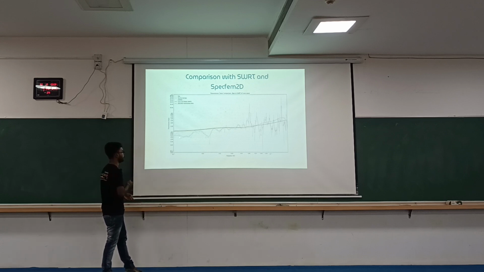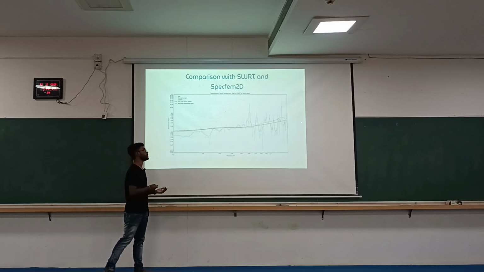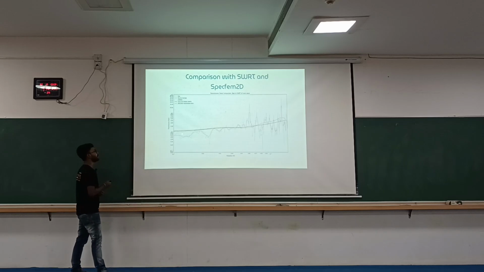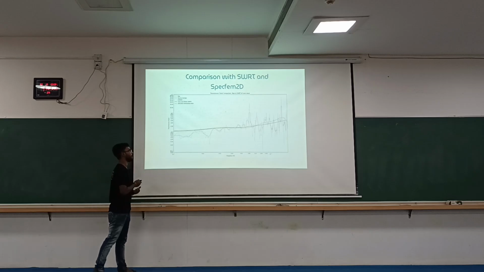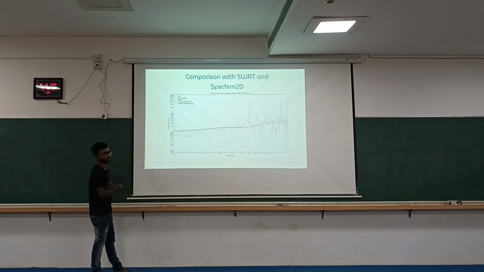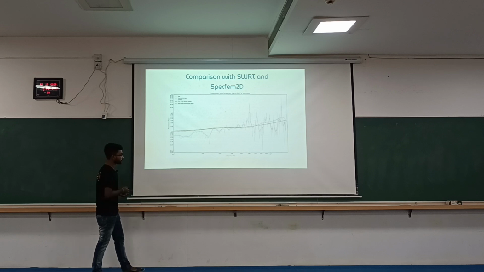And this blue line is the moving average of the real data transmission ratio. As you can clearly see, this blue moving average is following our predictions. The predictions are going up to 4 or 5 times transmission ratio, and it agrees well with our real data. This is for the Love wave.